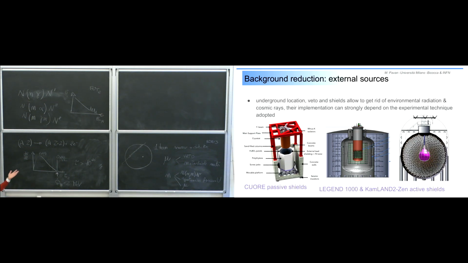And then, of course, you have to put numbers and understand what we call the dead time. I mean, the amount of time in which the veto tells your double beta decay detector to stop for a while is called the dead time. And the dead time is important, and you need to find a compromise. And of course, this also enters in the choice of the underground site.